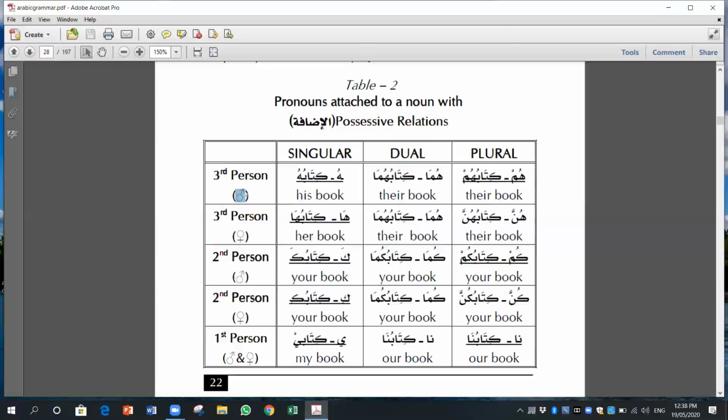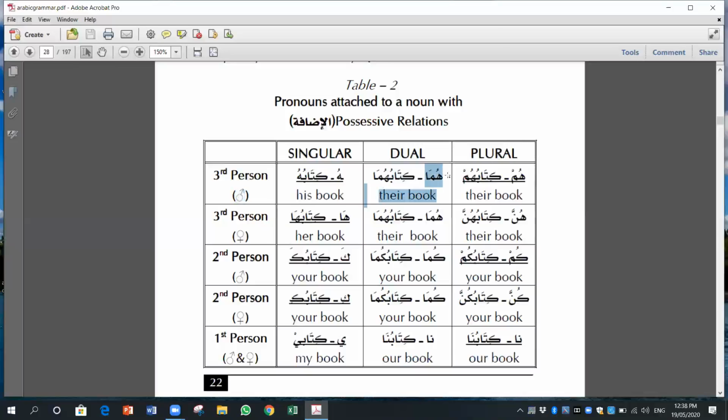For example, kitabuhu: this who is a singular, third person, male pronoun, so it will be his book. In the dual, it becomes huma. They both.